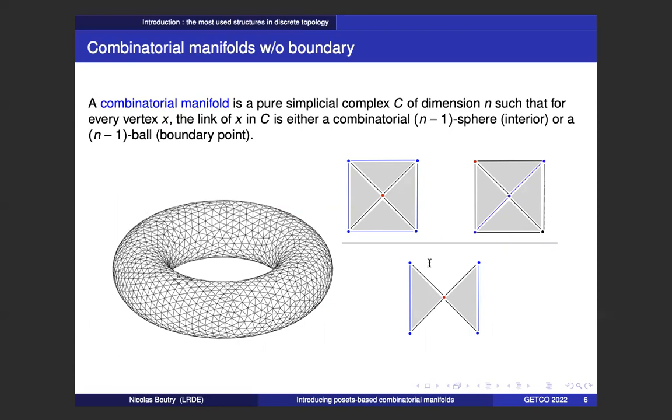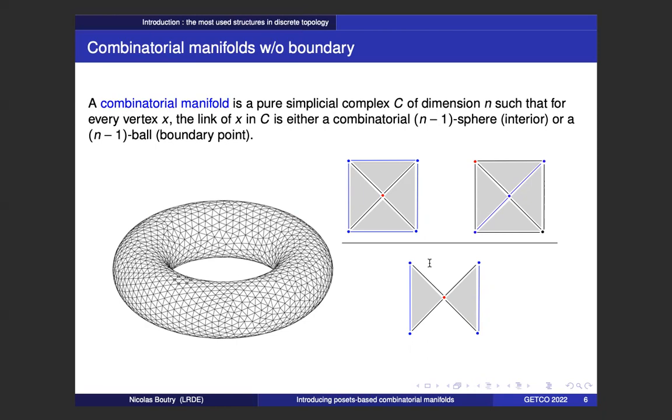The combinatorial manifold is a simplicial complex in which we can find points where the vertices admit either an n-1 ball as link, and it is on the border, or an n-1 sphere for the link, and it is inside the manifold.